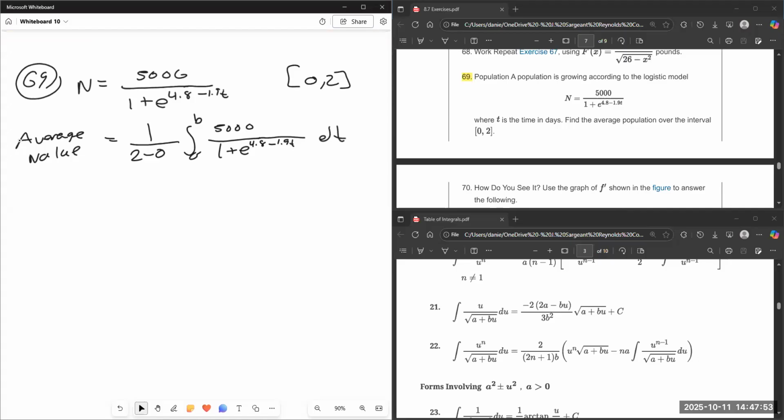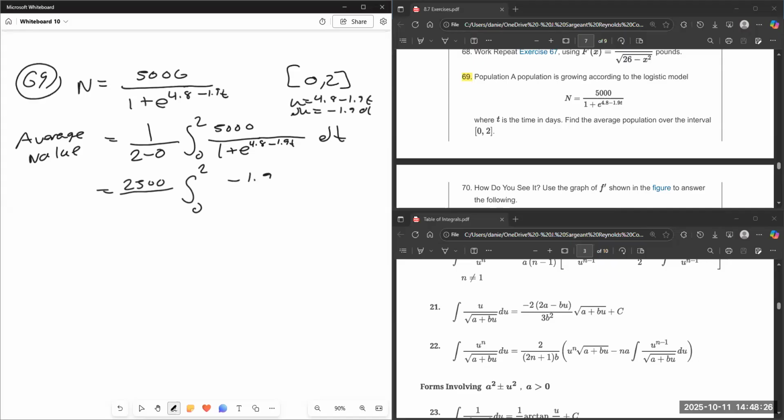So this is going to be, pull the 5,000 out and divide by 2. It's going to make that 2,500 over, and then I need 0 to 2 here. u is going to be 4.8 minus 1.9 t. So du is negative 1.9 dt.